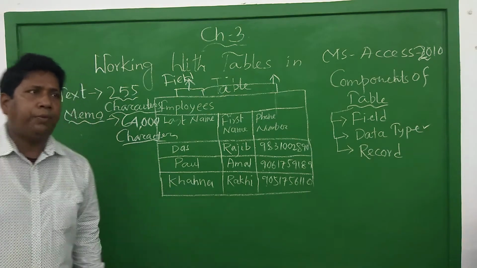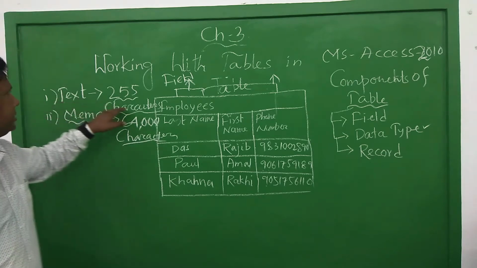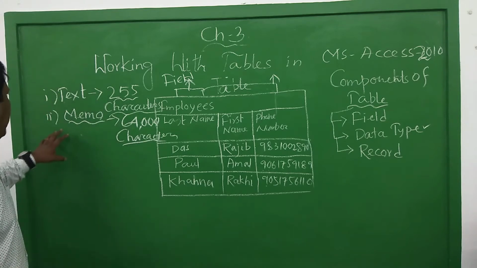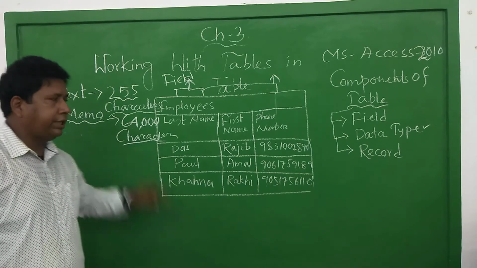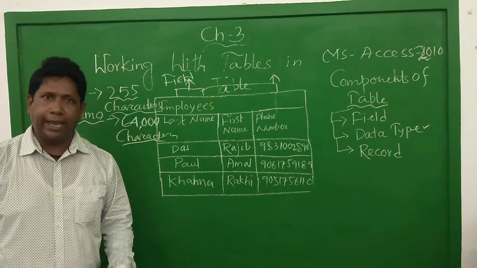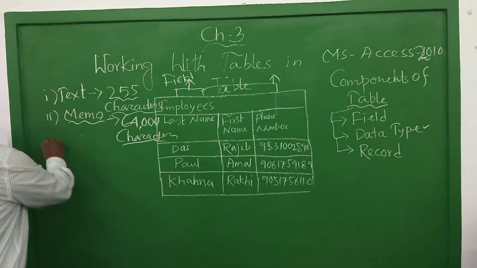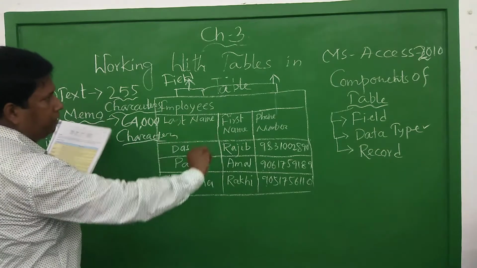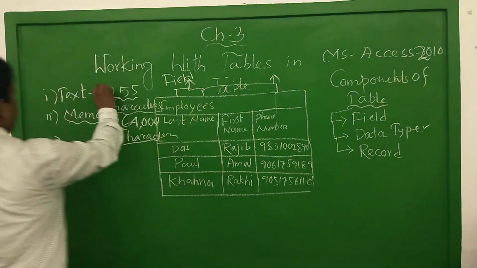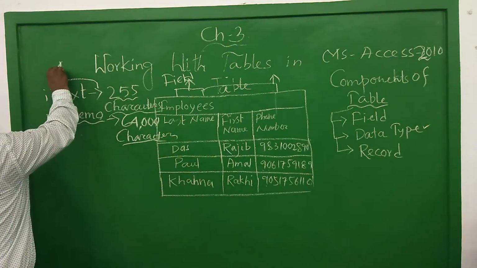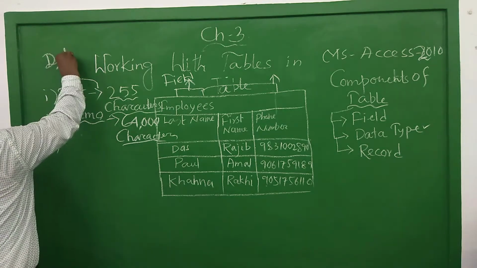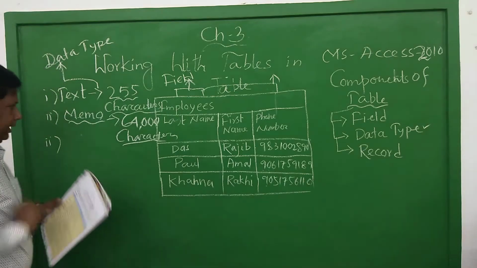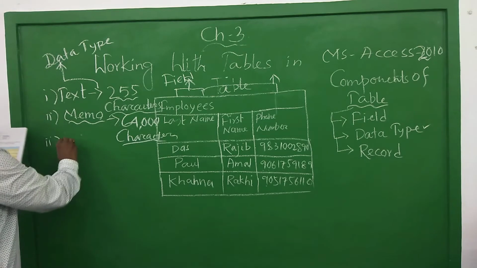Now, what is the major difference between text and memo? In text, we can store 255 characters maximum, and in memo, you can store 64,000 characters. This is all part of the field data type. Just see, this is a data type. Memo.